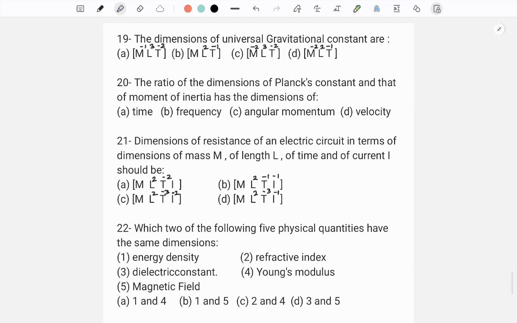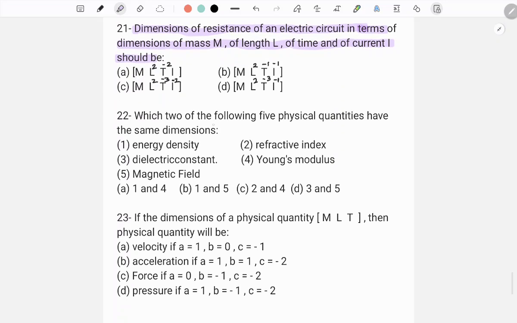Next, the dimensions of universal gravitational constant are. Question number 20, the ratio of dimensions of Planck's constant and that of moment of inertia are the dimensions of. Next, dimensions of resistance of an electric circuit in terms of dimensions of M, L, time and current I should be. Next, which two of the following 5 physical quantities have the same dimensions?